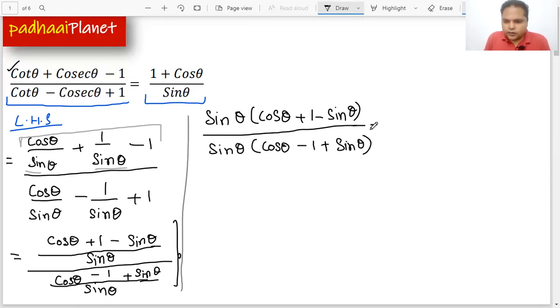Now we are going to keep the denominator as is, and multiply this sine theta inside. When we do that we get sine theta cos theta plus sine theta minus sine squared theta, and we take the denominator as such.